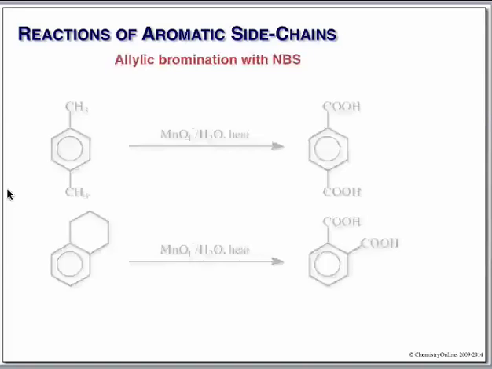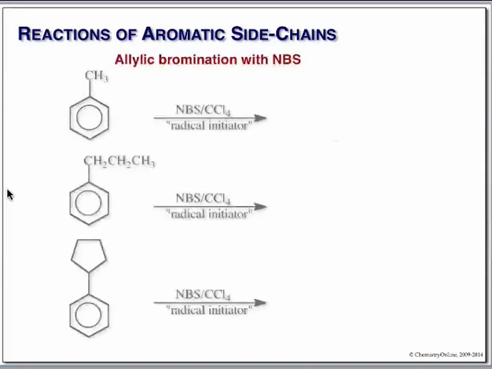We also looked at another reaction of benzylic hydrogens. Way back when we did alkenes in chapter, whatever, 6, 5, whatever, we talked about allylic bromination. Well, remember, the allylic and benzylic positions have very similar reactivity for the same reasons.